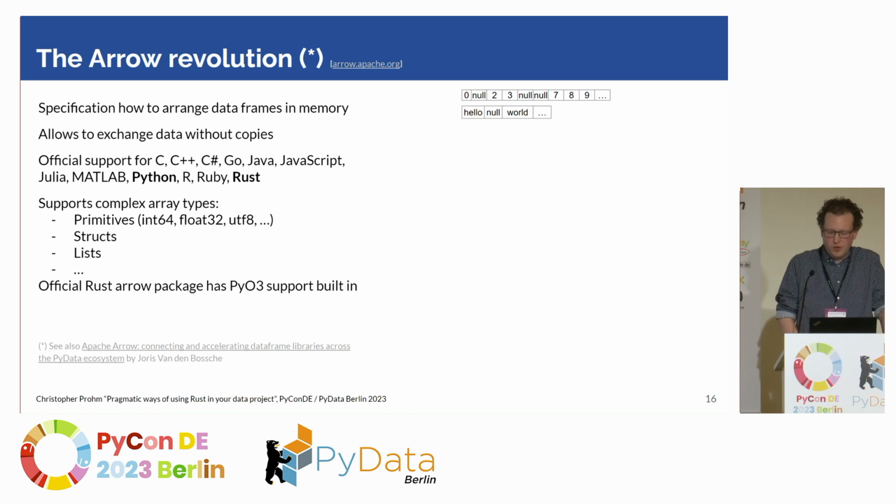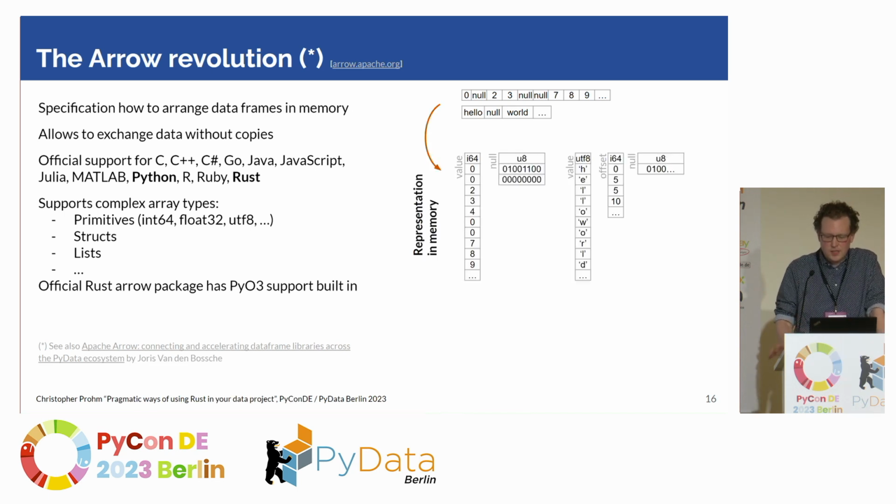Maybe to give you a little bit of a feeling of how it looks in practice, consider you have two columns, one with nullable integers, so some items are missing, and then maybe you have a nullable text column, let's say hello world with a missing value in between. What Arrow does is essentially specify how you structure simpler arrays from it.